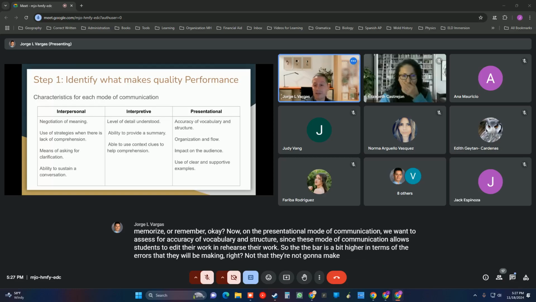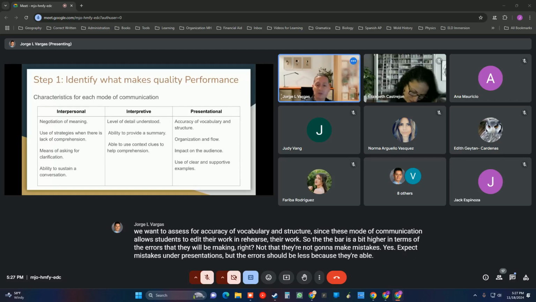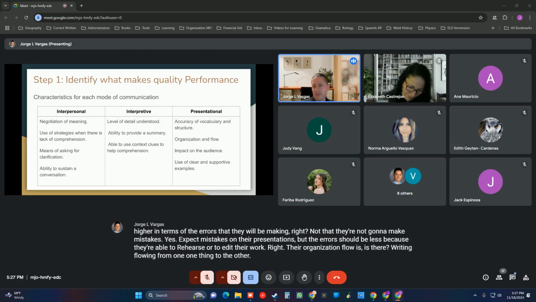Their organization and flow: is their writing flowing from one thing to the other? Do they have an introduction, a body, and a conclusion? The impact on the audience: are they getting the audience's attention or not? And the use of clear and supportive examples.